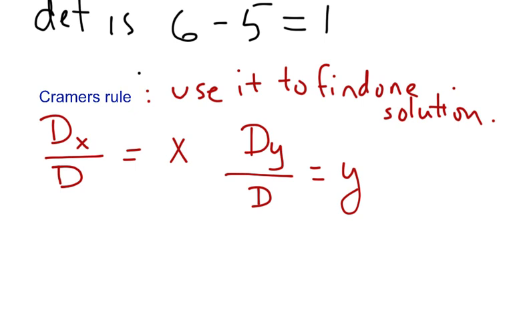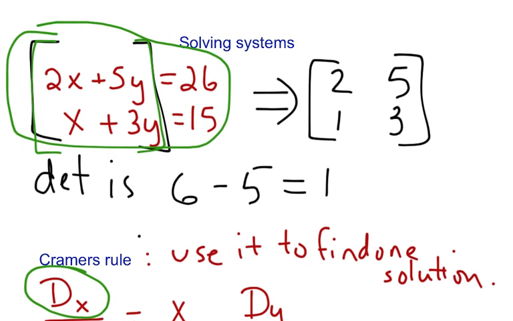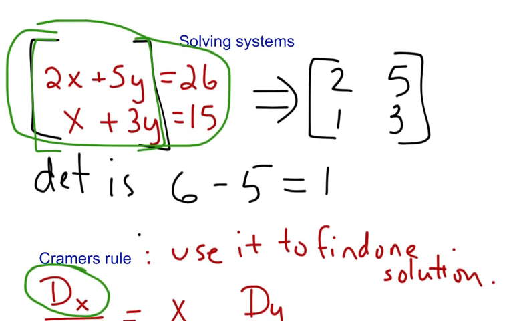Now, Cramer's rule says that it makes it so you can find just one solution. This D here represents the determinant of the original problem. The determinant with an X is when the X column is replaced with your solutions. So that means that you would replace this 2 and this 1 with a 26 and a 15, and then find that determinant.